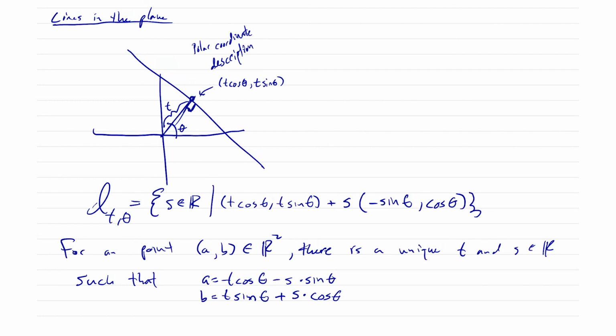what this says is that if we want to take the integral over L of t, theta of A of, say, x, y, we're going to end up getting the integral from s equals negative infinity to s equals positive infinity.